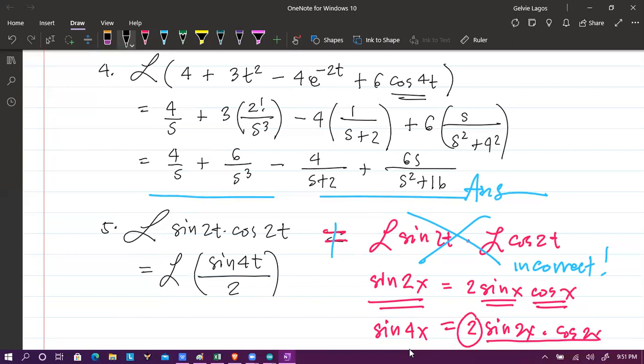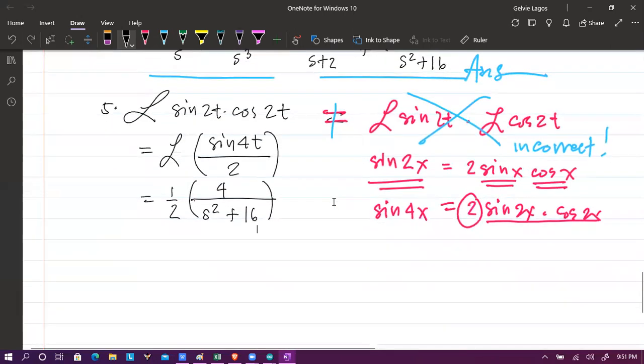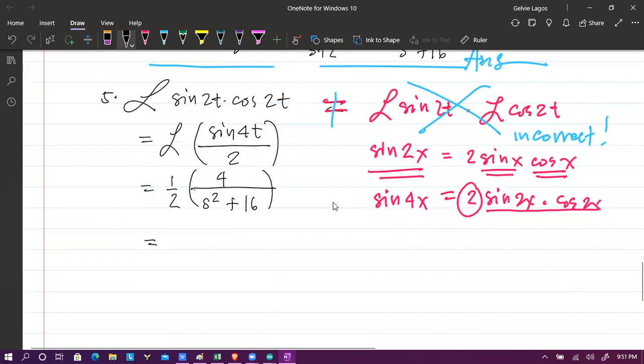Since 2 is a constant, you can just take that out and take the Laplace transform of sine 4t, which is equal to 4 all over s squared plus 4 squared, which is 16. Now to simplify, the final answer, we have 2 all over s squared plus 16. So this will be our final answer.